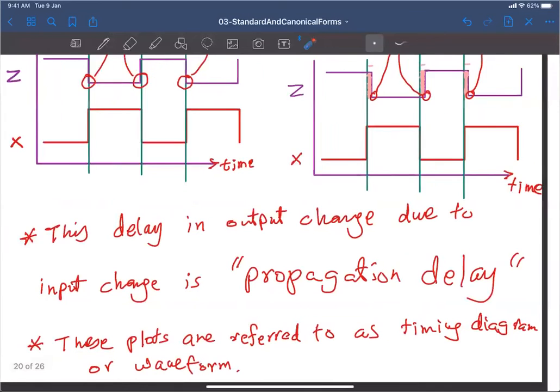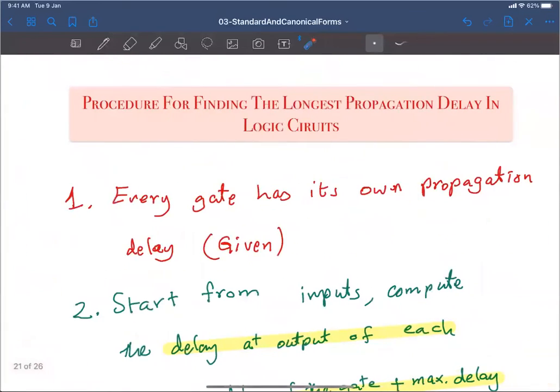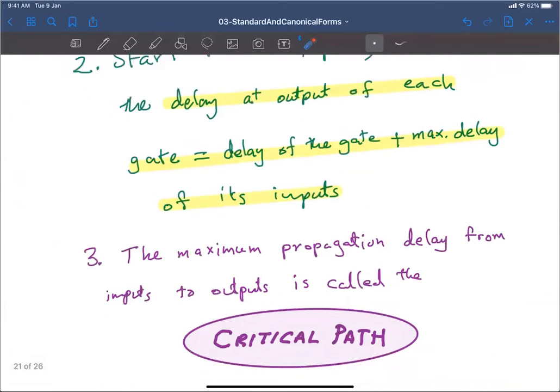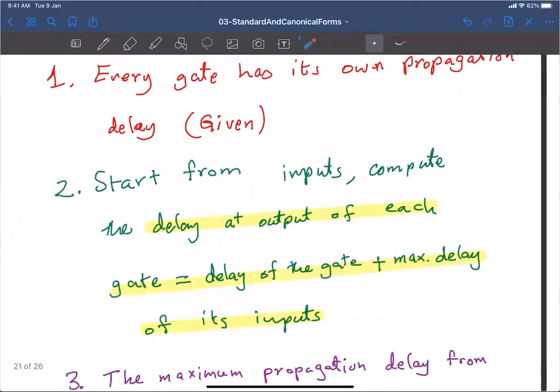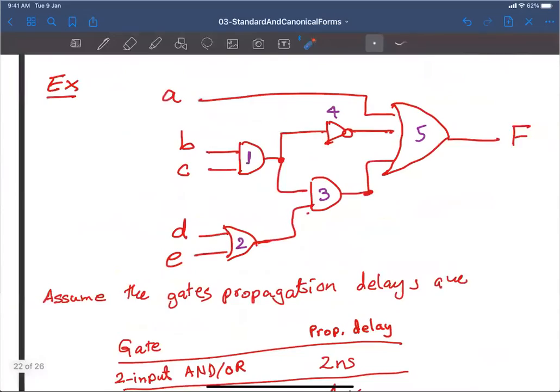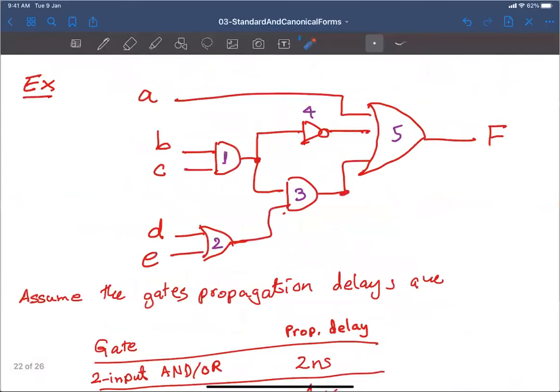So let's talk further about the procedure for finding the longest propagation delay in logic circuits. I think the best way to explain this procedure is by giving an example, and then coming back to the procedure to summarize what we just did.